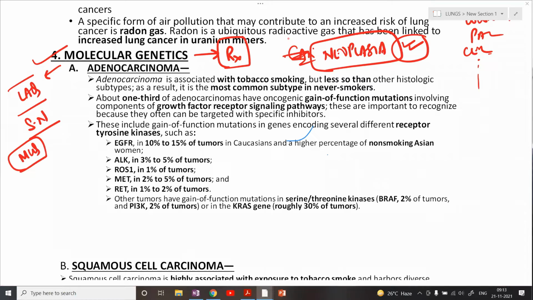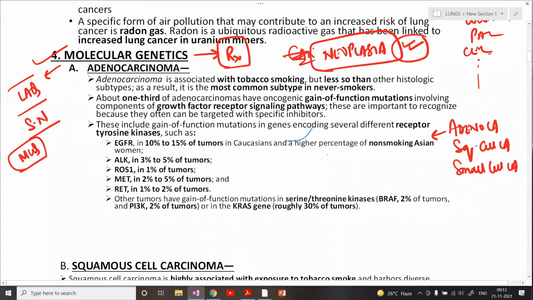So if you look at the molecular genetics of adenocarcinoma, first try to understand a very important aspect: all carcinomas, whether adenocarcinoma, squamous cell carcinoma, or small cell carcinoma, are associated with smoking. But remember, adenocarcinoma is the most common carcinoma of the lung that occurs in never smokers.